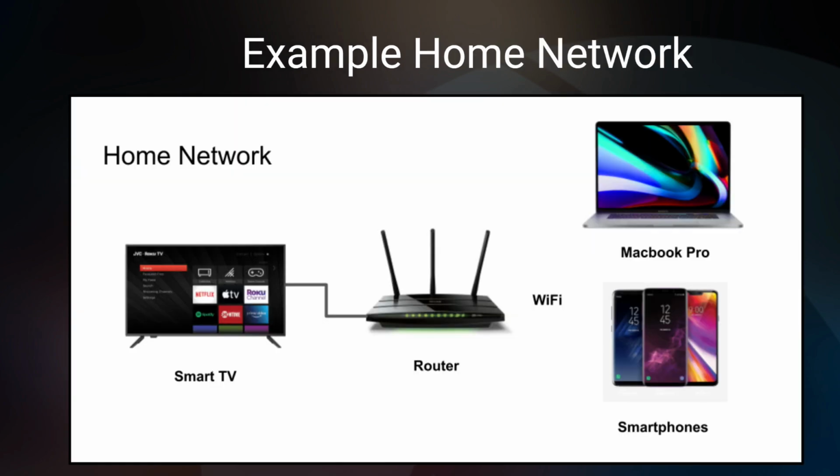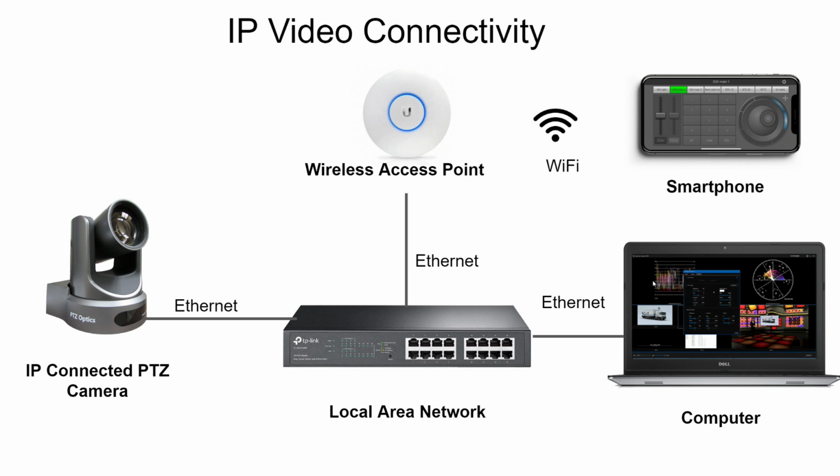Okay. So an example home network might have a smart TV, a router, it's got Wi-Fi, maybe you've got a MacBook or some smartphones connected to that router. That's a home network. But as we build IP networks, they get larger and larger. And the tools to connect up IP devices have become more and more powerful, and they connect to the cloud now.